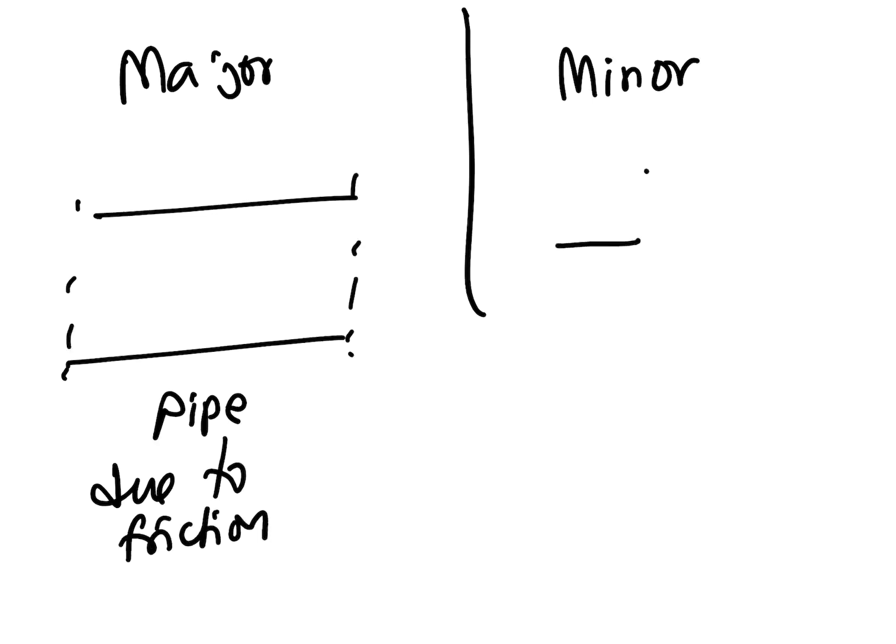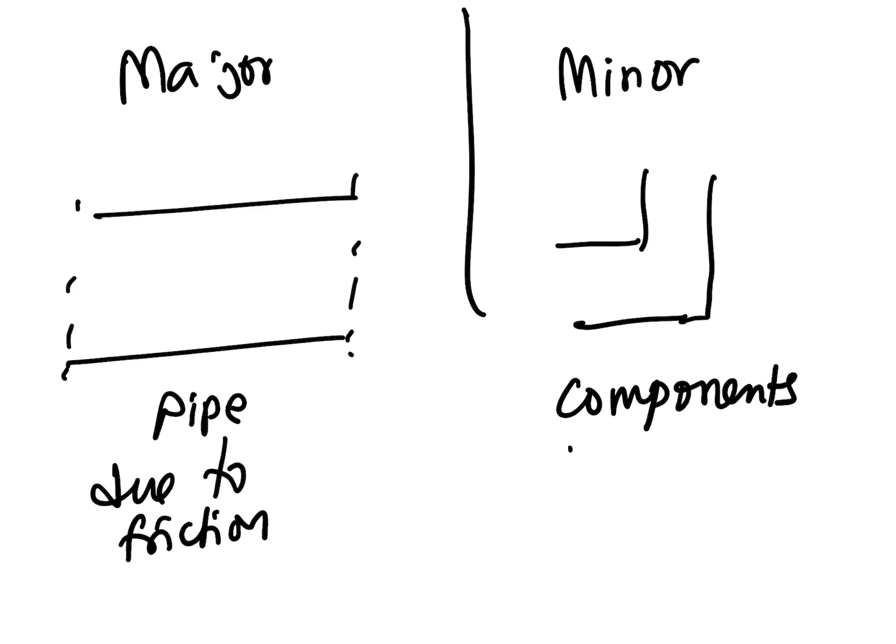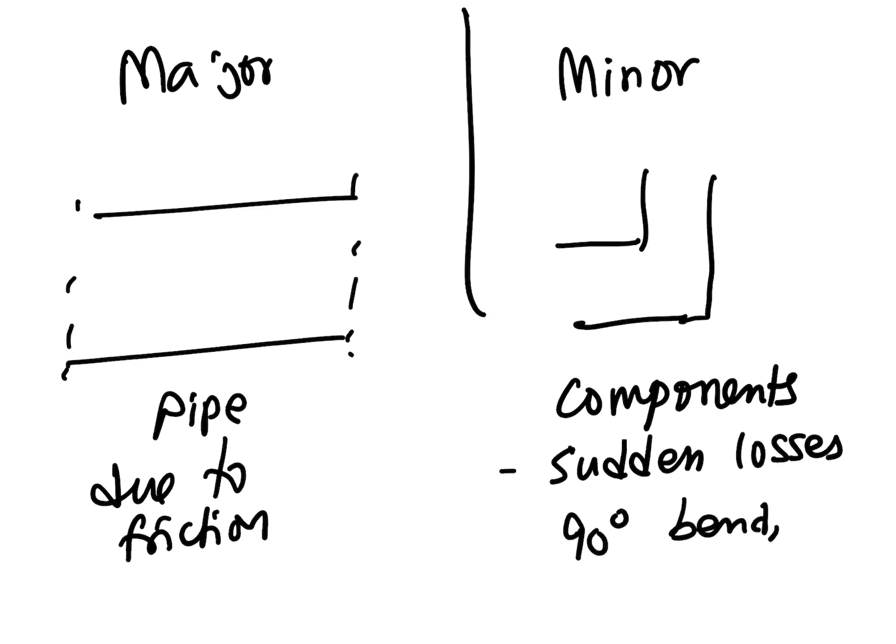Minor losses are pressure losses or pressure drop in components which are sudden losses, like a 90-degree bend, a valve, a throttling device, and so on.